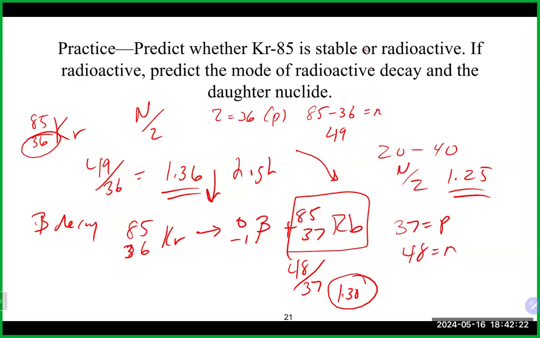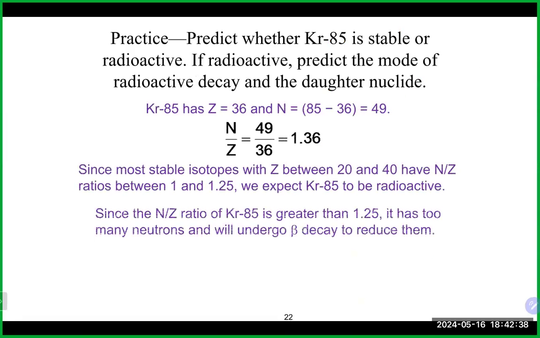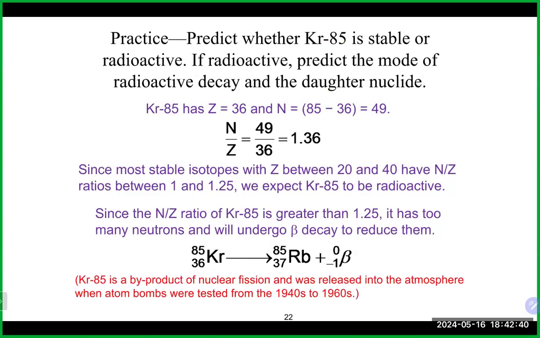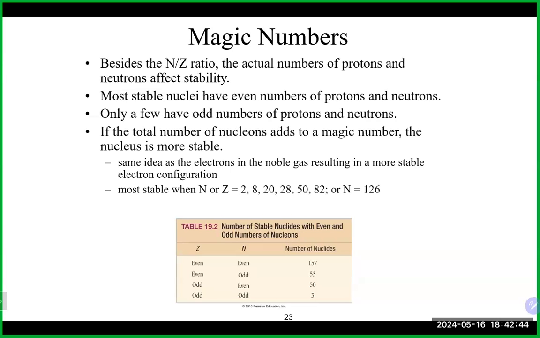Okay. So the N to Z ratio is something that we can look at to help us decide stability and also figure out what type of decay it's going to go through if it is radioactive to move itself closer to being stable. There are some other things that we look at in terms of stability, and a few of those involve magic.